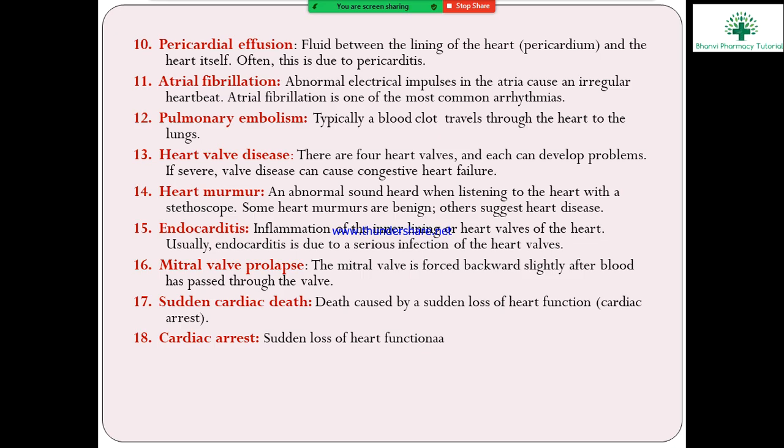Finally, sudden cardiac death means death caused by sudden loss of heart function, or cardiac arrest. These are the disorders of the heart or cardiovascular system.